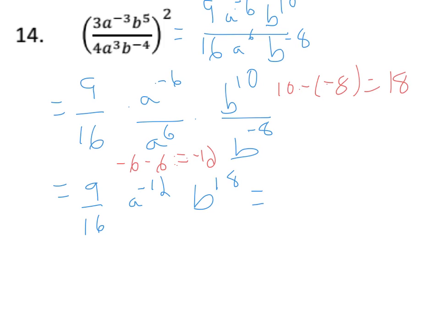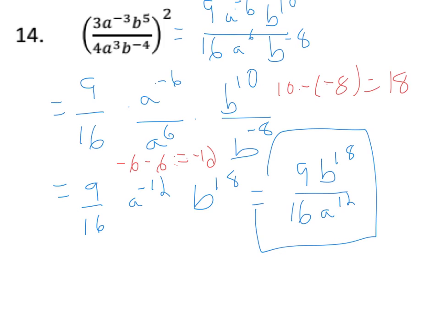So let's keep the 9 upstairs, and this b to the 18th, that's a positive exponent, so it's going to stay upstairs in the numerator. And then I have this 16 from the denominator, from the constants, and then this a to the negative 12th, that's got to come downstairs. So it's 9b to the 18th over 16a to the 12th, and that's where it ends right there.